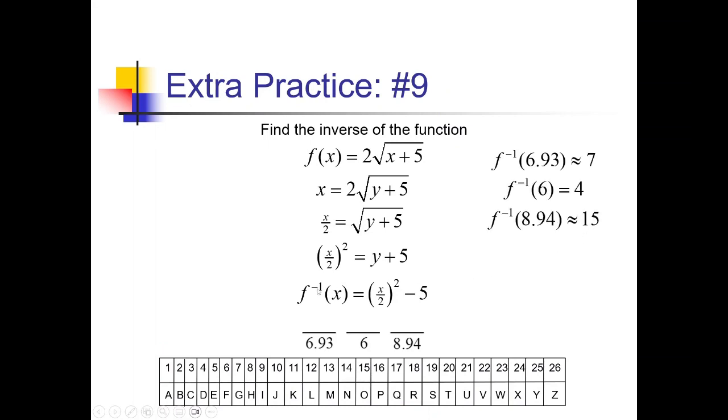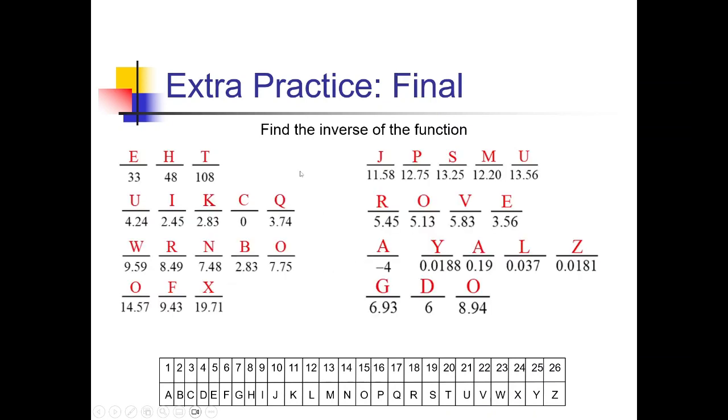There we go. So 7 is G, 4 is D, and then 15 corresponds with O. So I filled in all the letters for the missing blanks there, but this doesn't really spell out anything sensible at this point. We're going to have to unscramble it.